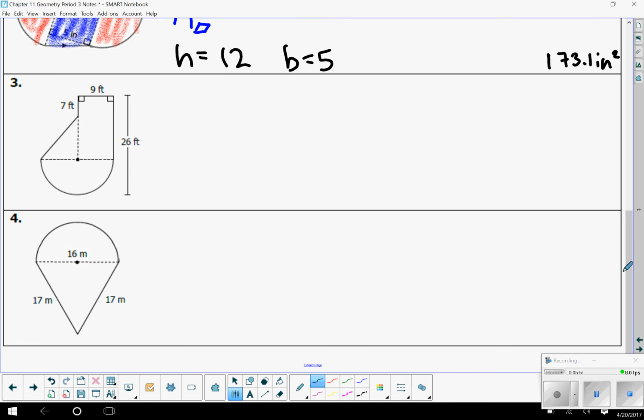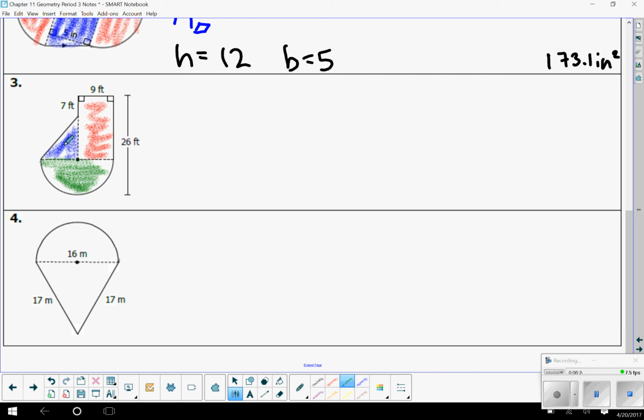For number 3, you've got 3 areas. Here's one of them, here's another one. The area of a triangle, area of a rectangle, and a half of a circle, and add them all up.